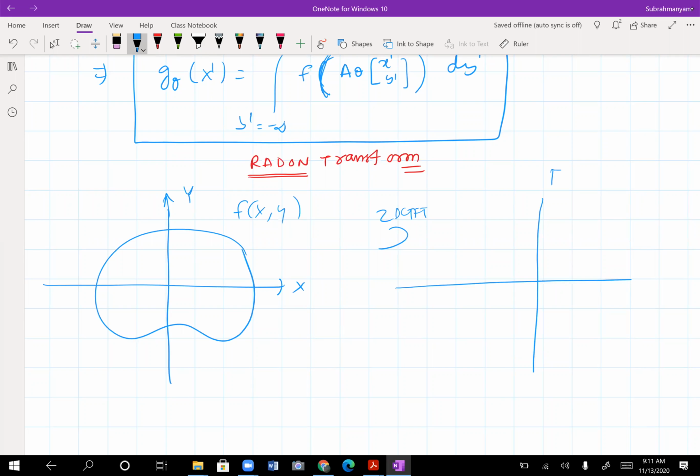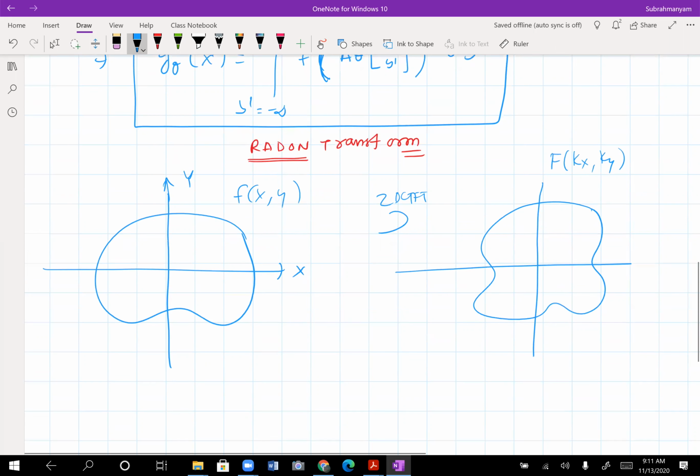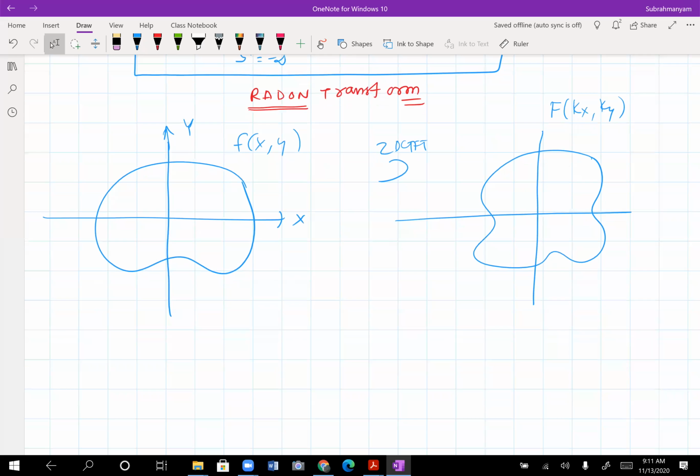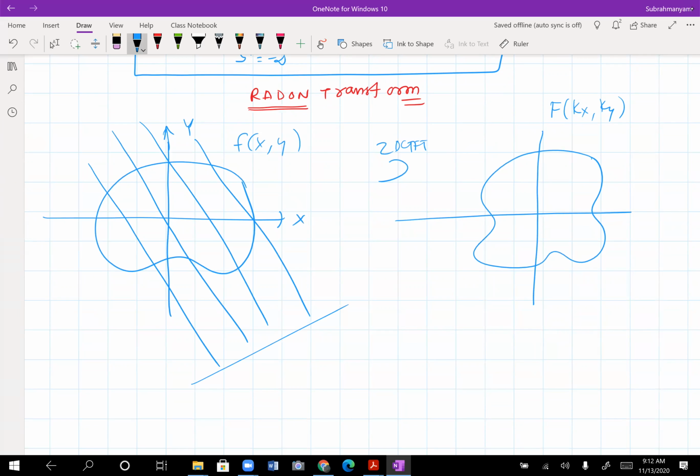Let's call it F of kx comma ky. Now you take a projection of it, just like we did earlier. You are taking that on this detector, this projection.